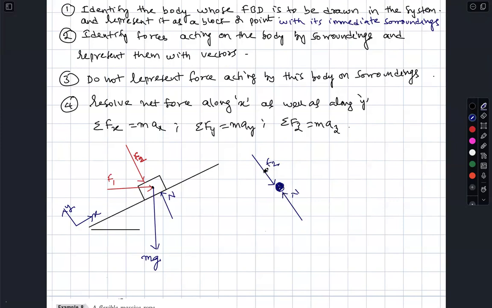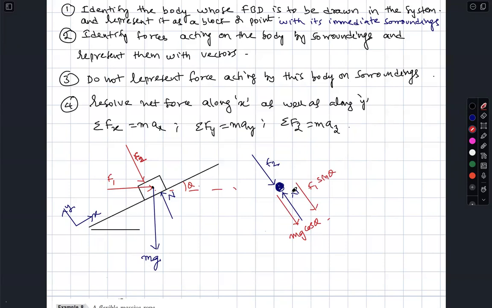The other one in the same direction is the weight component mg cos theta. There is also another one, which is F1 sin theta. All these are the forces in the y direction.